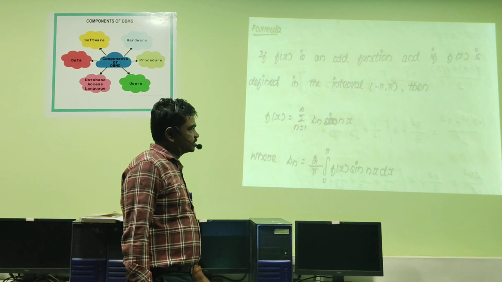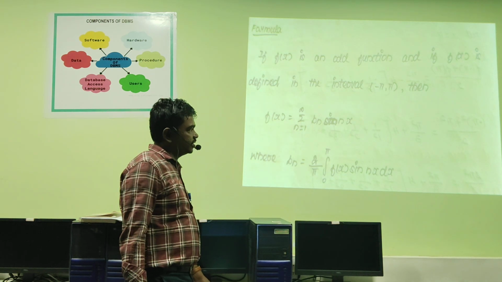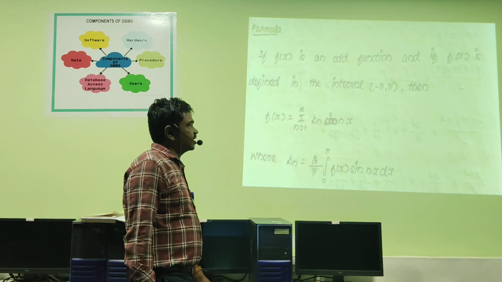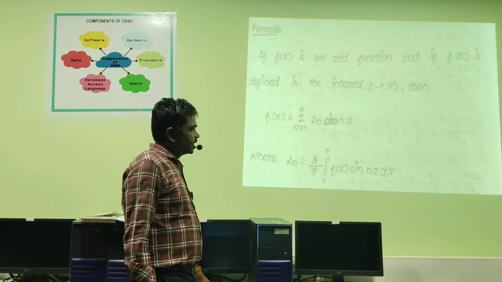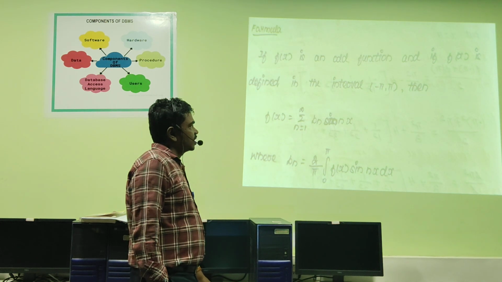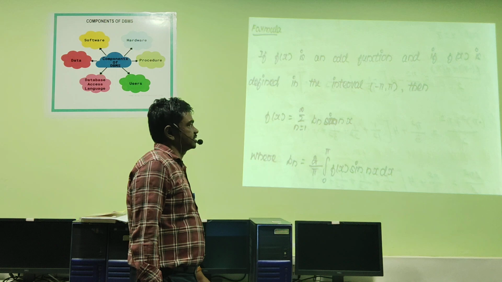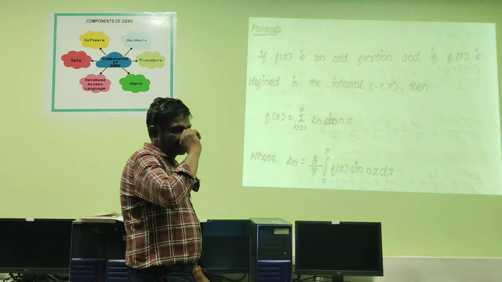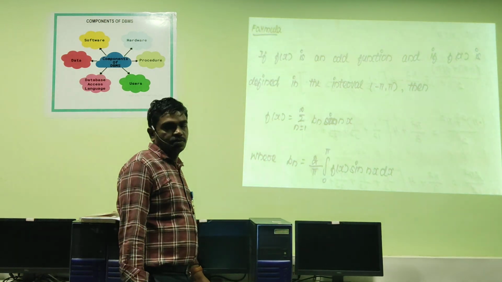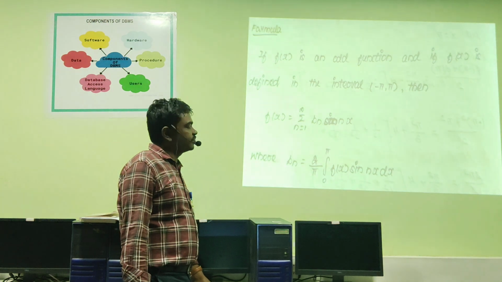This function is odd, so a0 and an values are 0. So we only find the value of bn and, applying the formula, finally we get the Fourier series for the sum. Okay, now we can work out the value of bn.